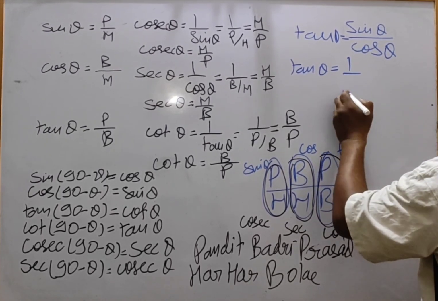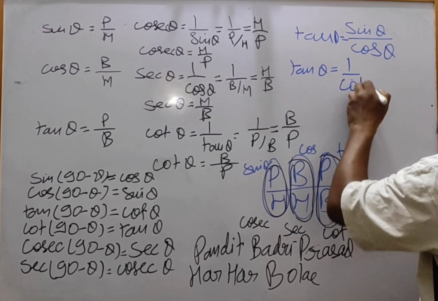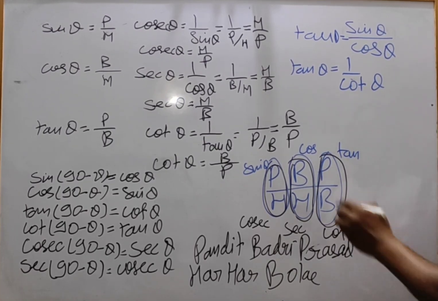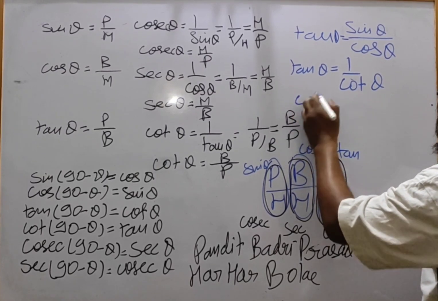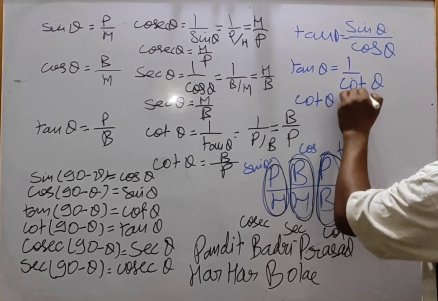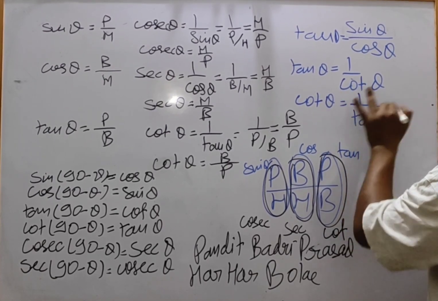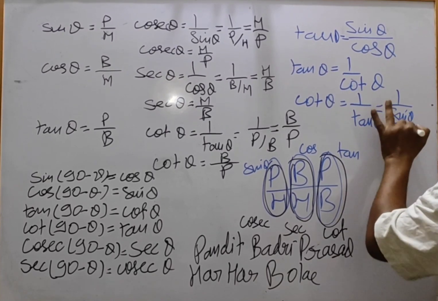So cot theta is equal to 1 upon tan theta, so we can write 1 upon sine theta upon cos theta.